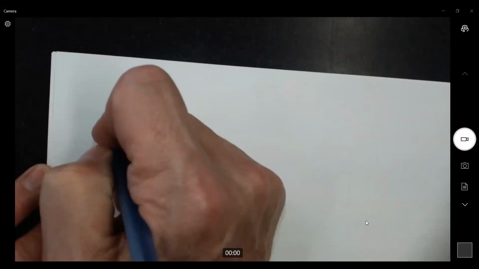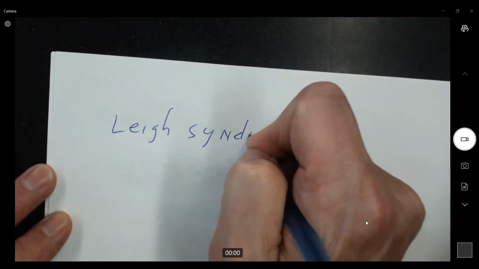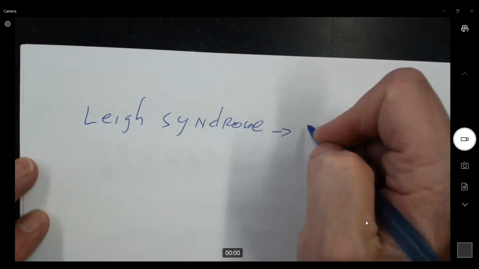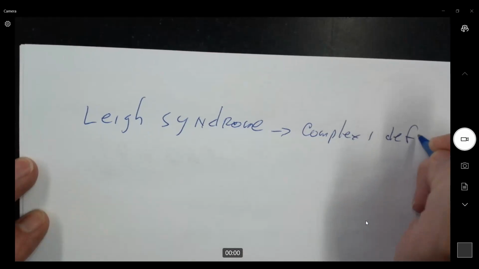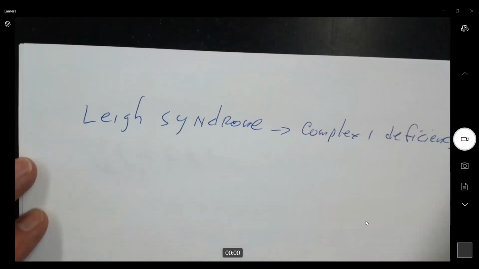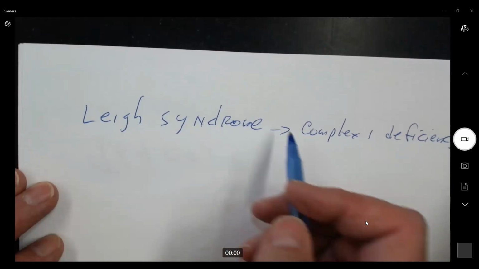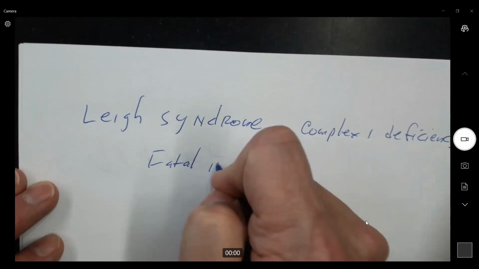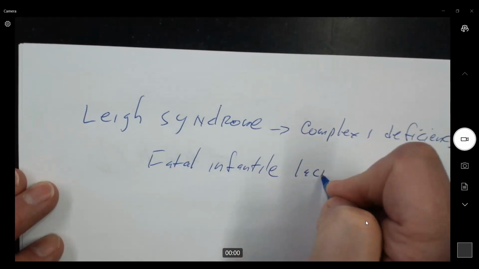One of these is called Leigh syndrome, and this is essentially a complex 1 deficiency. This particular syndrome is one of several, but there's also so-called fatal infantile lactic acidosis.